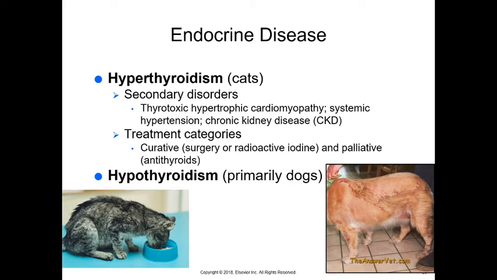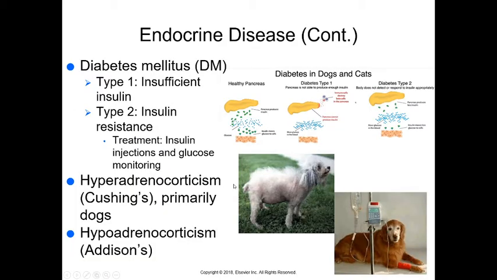So hyperthyroidism, cats, increased metabolism. Hypothyroidism, dogs, decreased metabolism. And if you treat one, you have to watch for the opposite reaction to occur. So if I'm treating hypothyroidism in dogs and I give them too much thyroid hormone, because we can just supplement the thyroid hormone with these guys, I can turn it into hyperthyroidism. So it's all about balance. Okay.